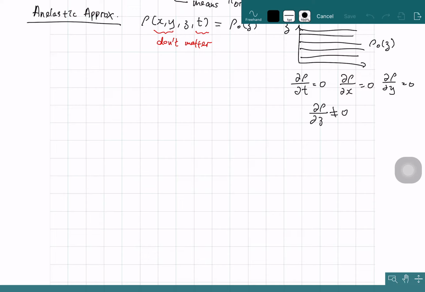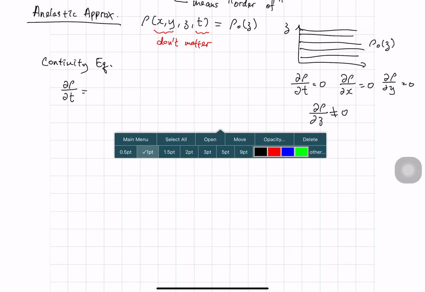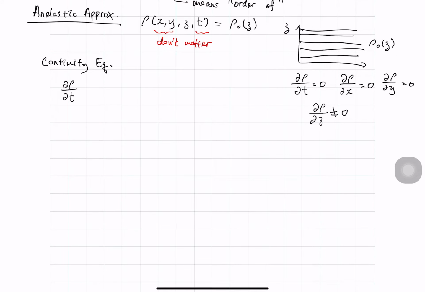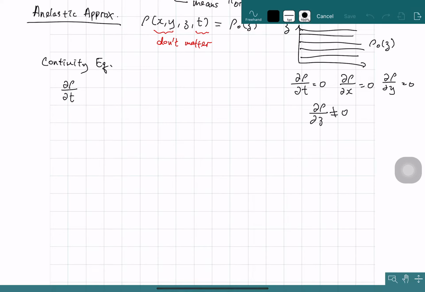Okay, if we go back to the continuity equation, we know that the first term is 0 because of this, right? The first term is 0.